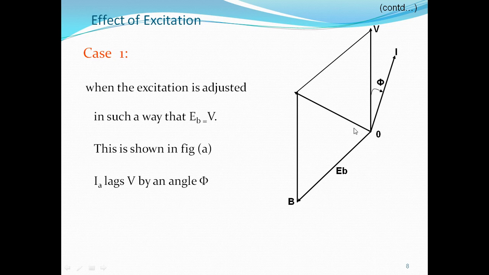This is ER, which makes an angle of theta with respect to I. This is theta. So this is the vector diagram at normal excitation, when EB is equal to V volts. And the power factor here is lagging power factor only. Understood? How did you draw this one?